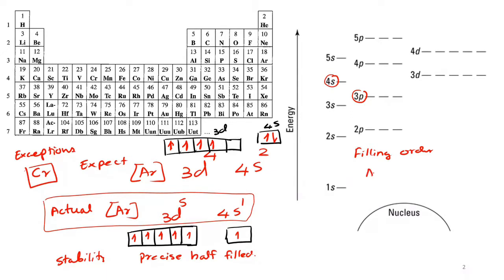You have the argon configuration. First, you fill the 4s, so it is 4s1, 3d5. That is the filling order, but our writing order is this.